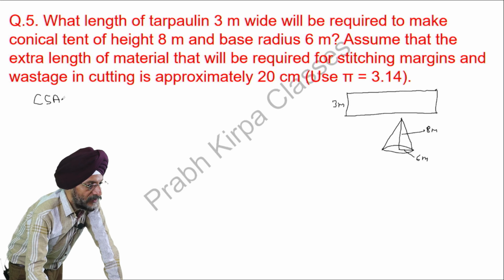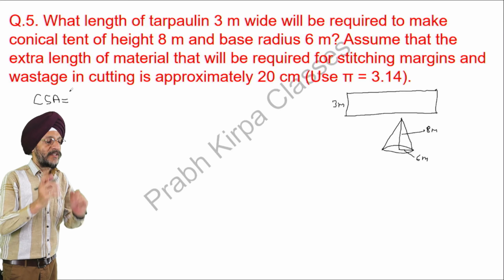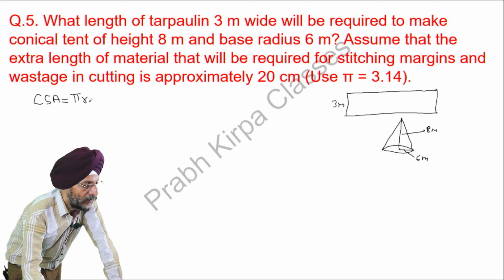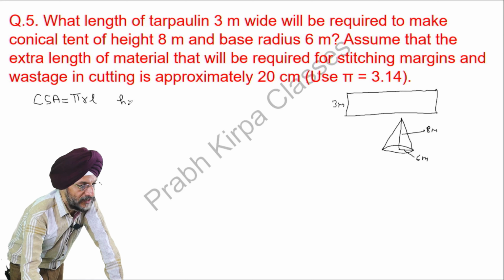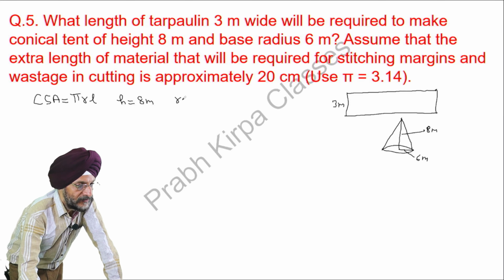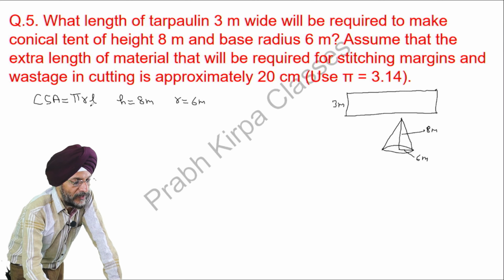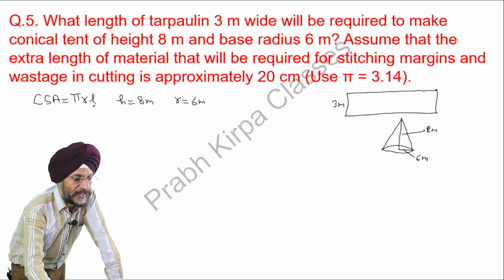Now what is the formula for finding out the curved surface area? It is pi R L. The values which have been given to us are height is 8 meter and base radius, that is radius, is 6 meter. To find out the curved surface area, we will have to find out the value of slant height.